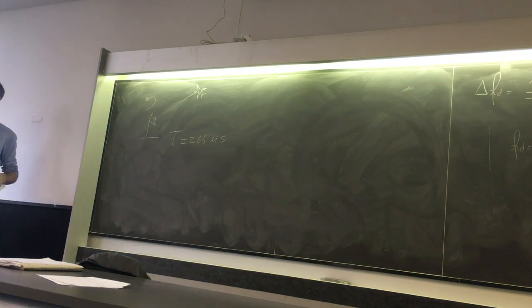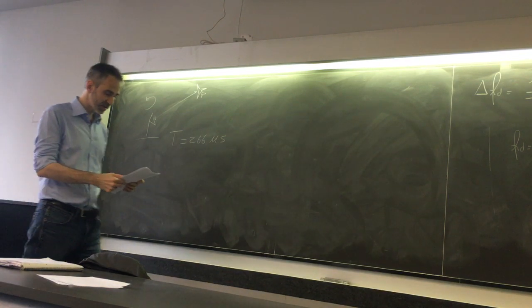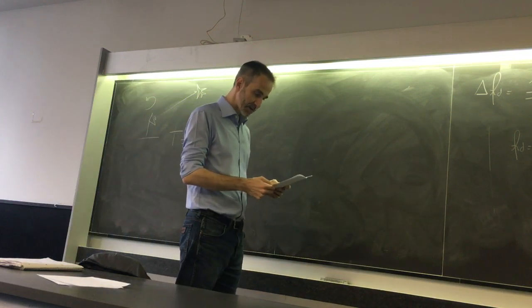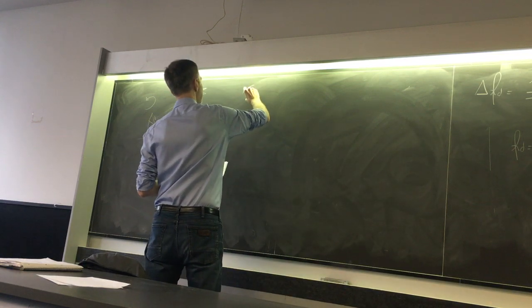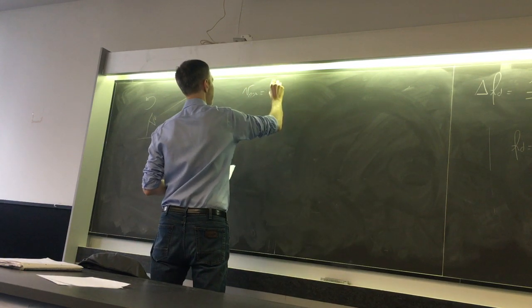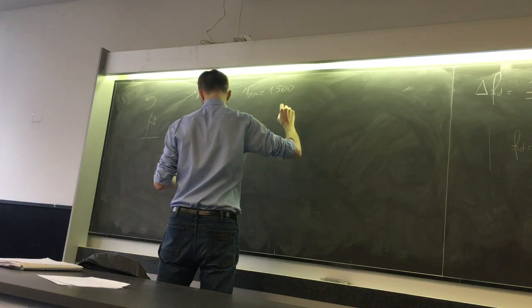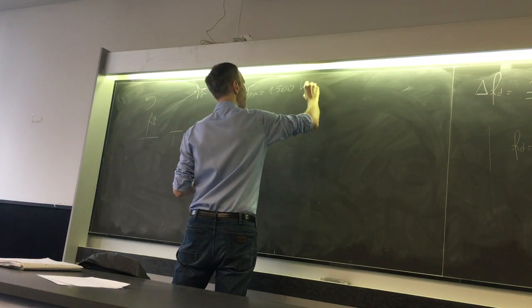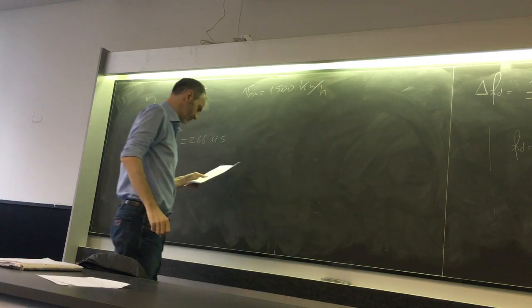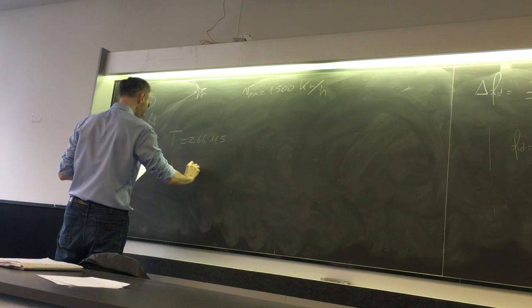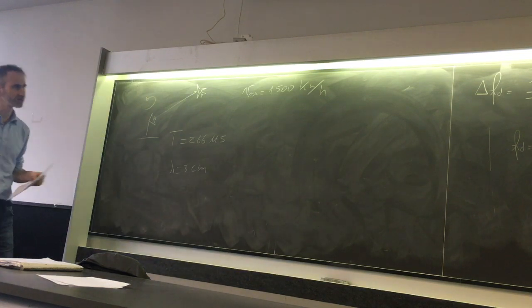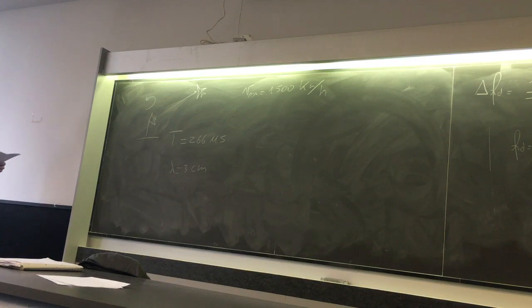So what was not in the picture last time was the velocity of this aircraft. And so now the last point of this exercise tells you, assuming that the top speed of the aircraft is 1500 kilometers per hour, and the wavelength was 3 centimeters. So this is the other data that you need.